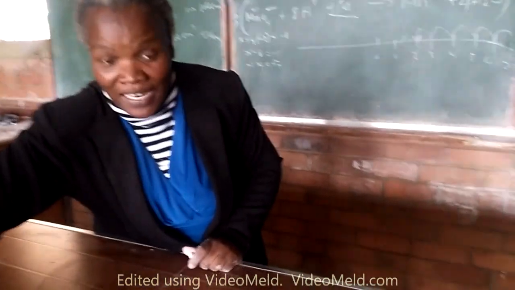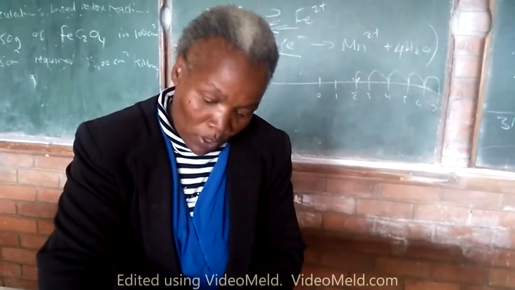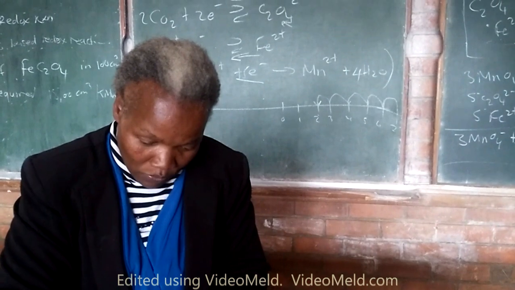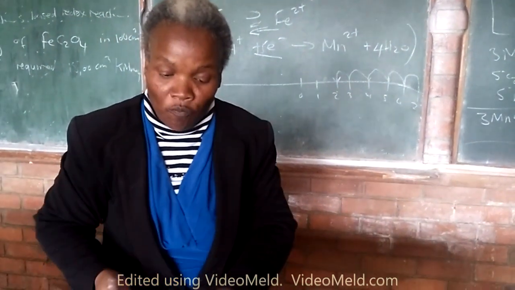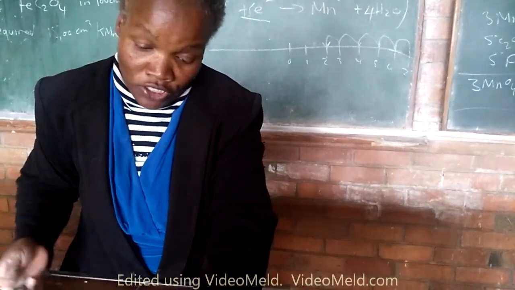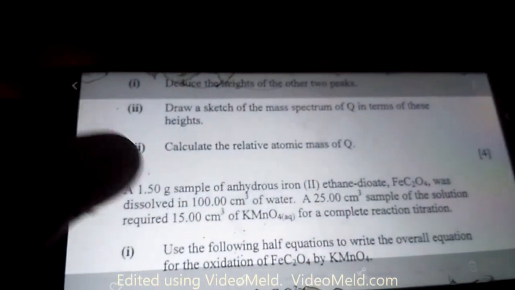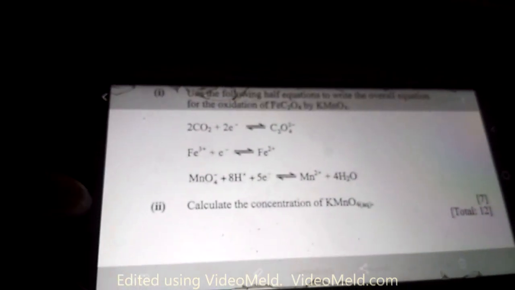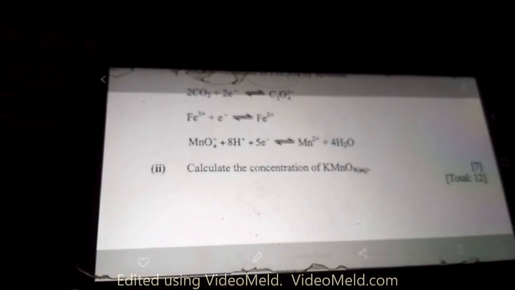So our task from our question is to calculate the concentration of potassium permanganate. And please note, the potassium is left out because it is a spectator ion when we are constructing the half equations. We only use ionic equations, and in ionic equations, we exclude spectators.